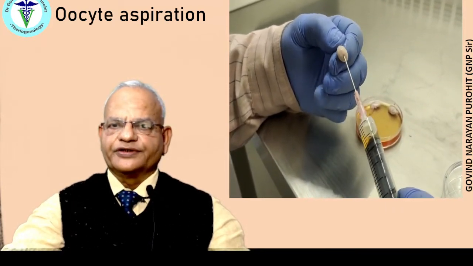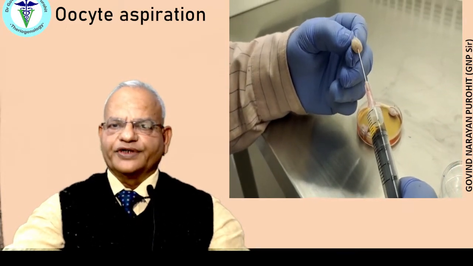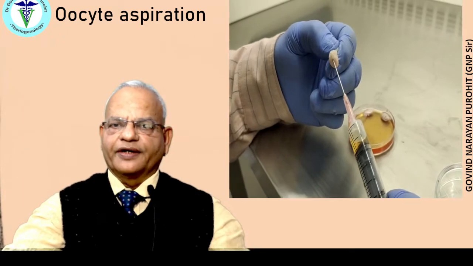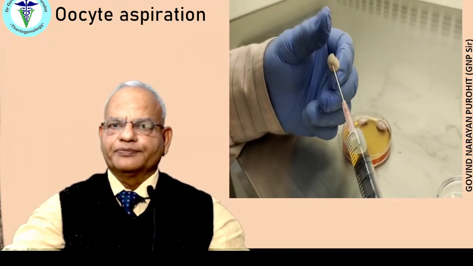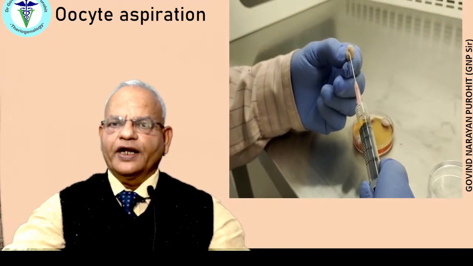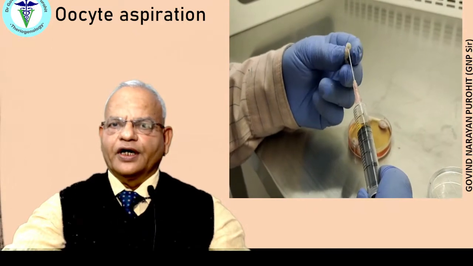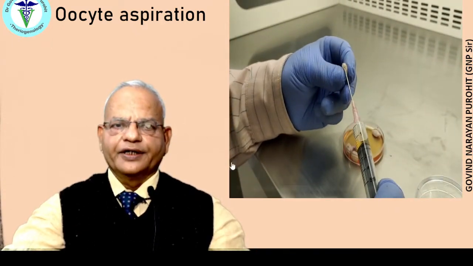In this way you can collect the oocytes by follicular aspiration in the laboratory. But for collecting the oocytes you have to be careful, and there are other methods like ovarian slicing, which can also be used for collecting the oocytes.